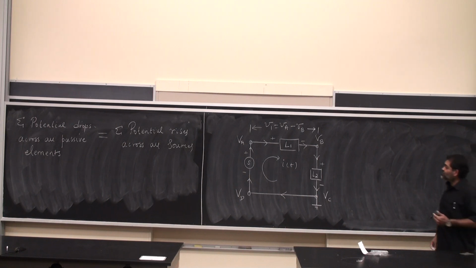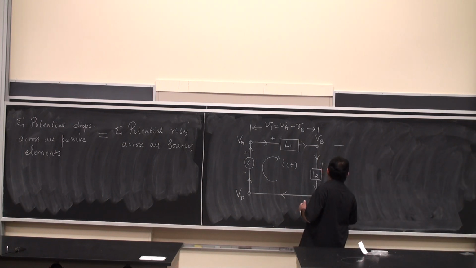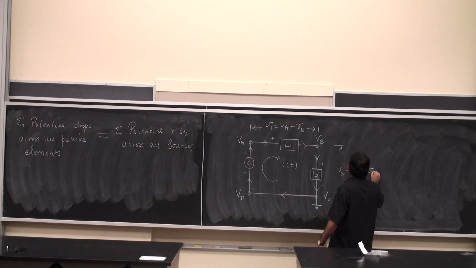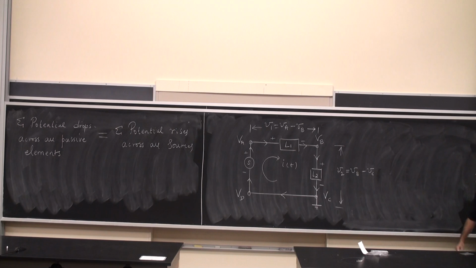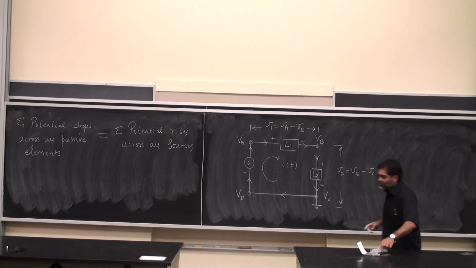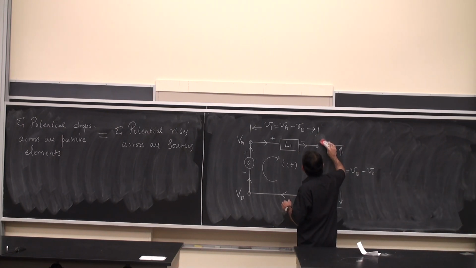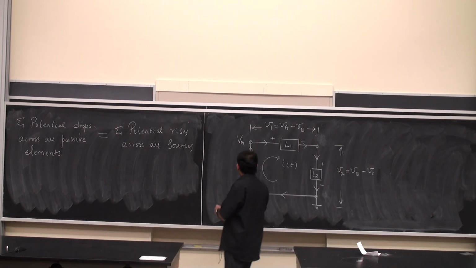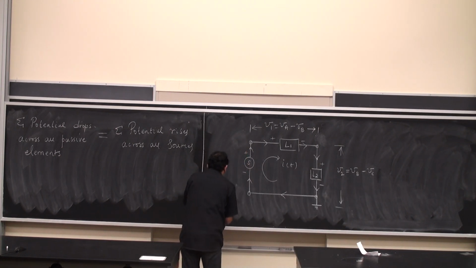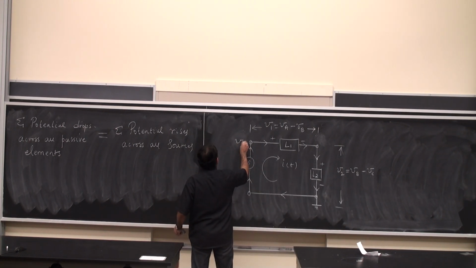Across L2, V2 is VB minus VC. Okay, I need to write them all in small letters. Sorry about that. This is all lowercase voltages in time domain.